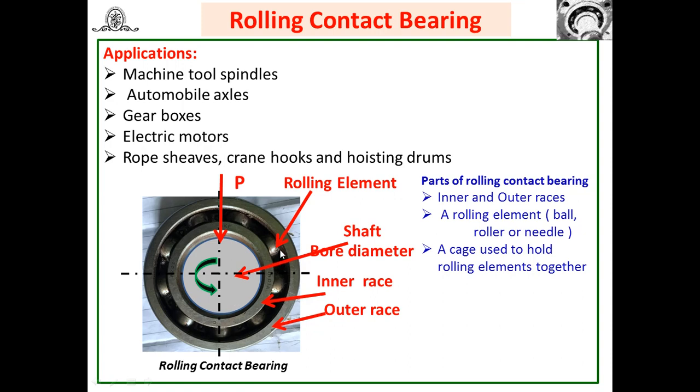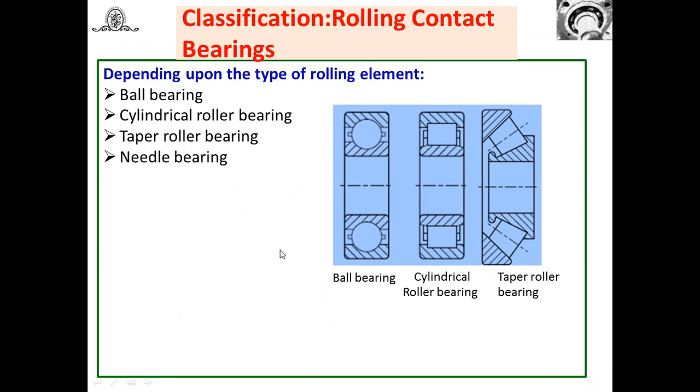The rolling element decides the type of bearing. Based on the rolling element, rolling contact bearings are classified as ball bearing, cylindrical roller bearing, taper roller bearing and needle bearing. Taper roller bearing I will explain in a separate section, covering what we mean by taper and the selection procedure of taper roller bearing from the manufacturer's catalog. In this session I will elaborate on ball bearing, cylindrical roller bearing and needle bearing.